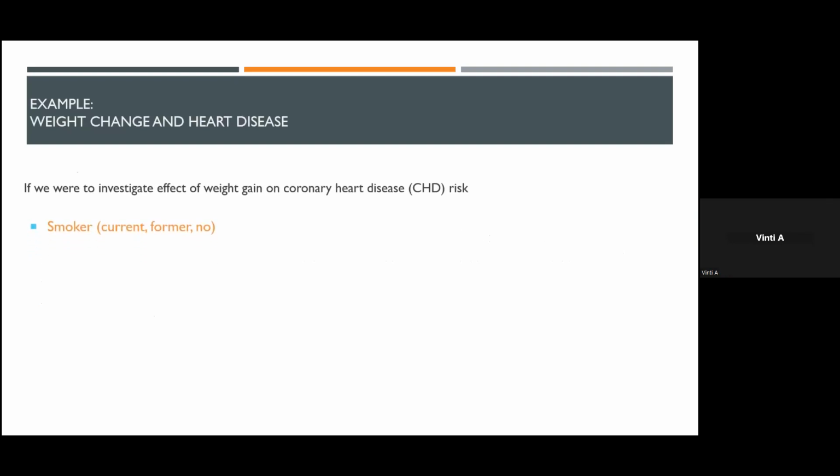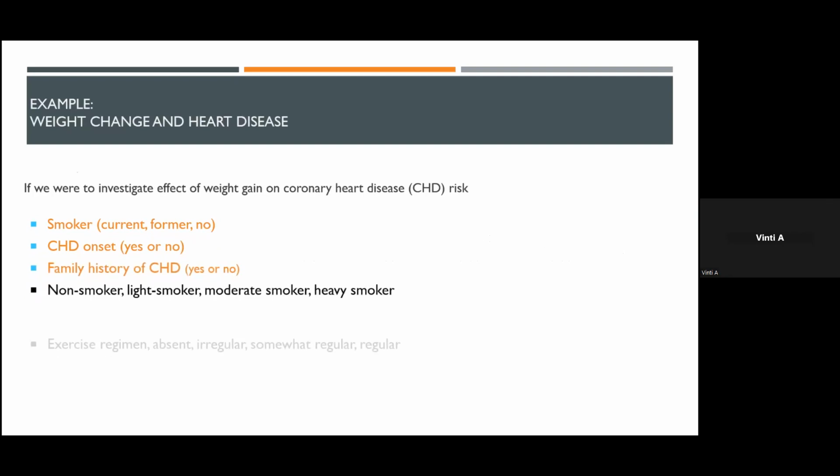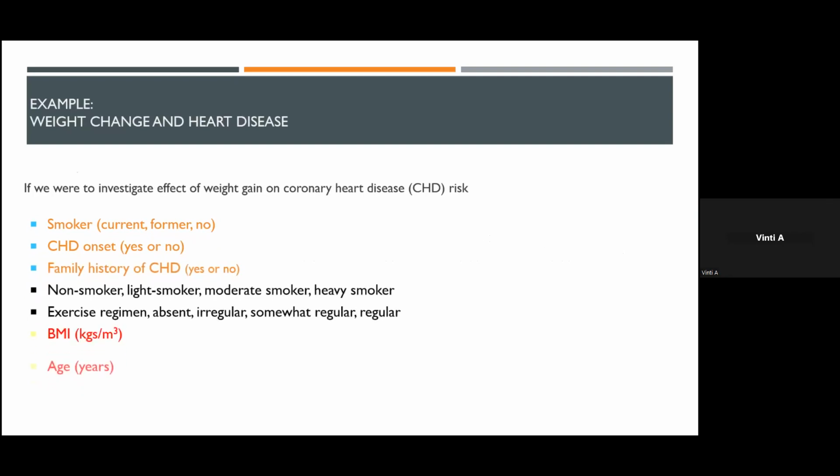If I were to investigate the effect of weight gain on coronary heart disease, I would say smoker, non-smoker, current, former: nominal scale. CHD disease onset, yes or no? Nominal. Family history of CHD? Nominal.